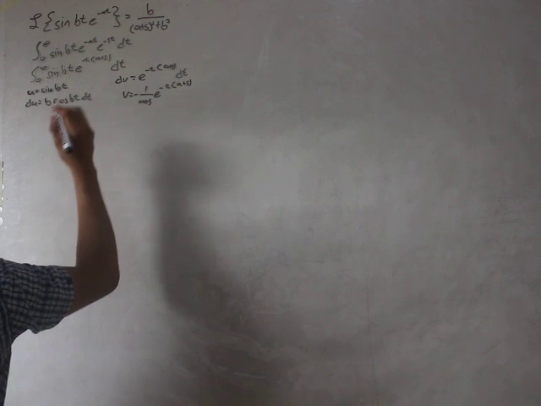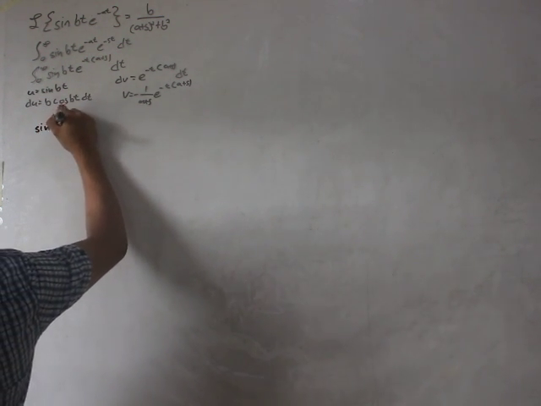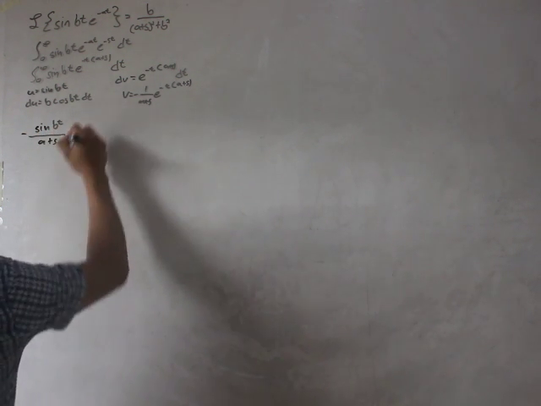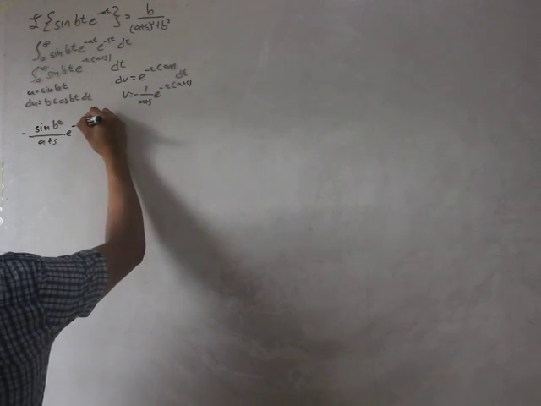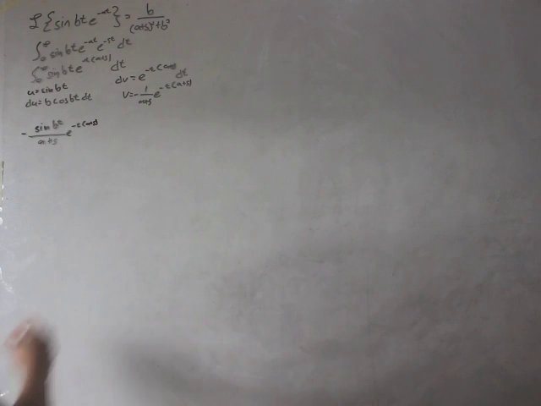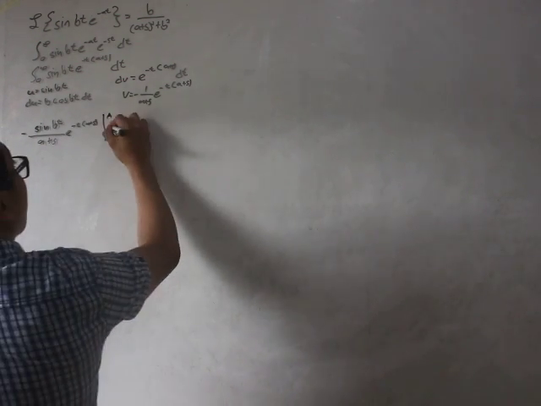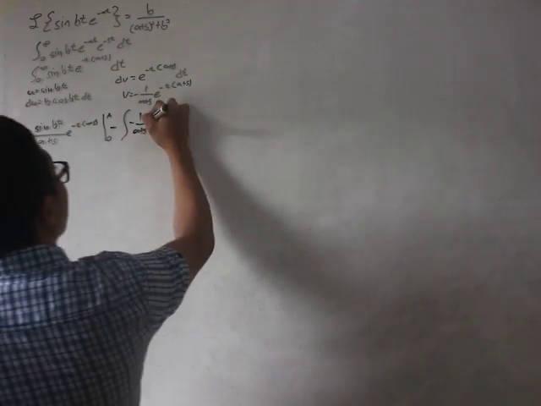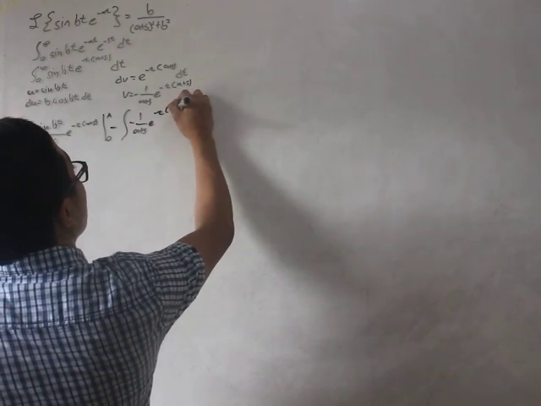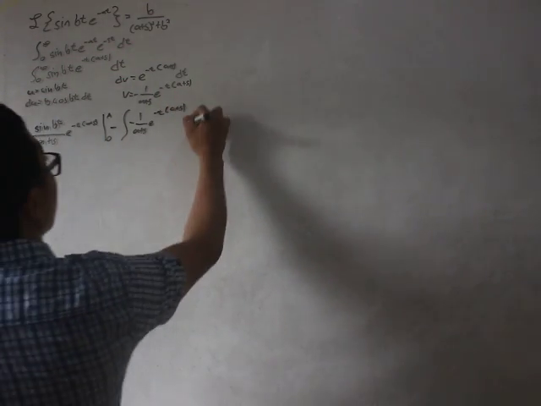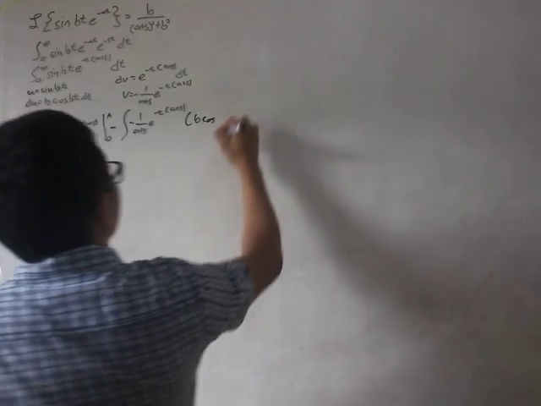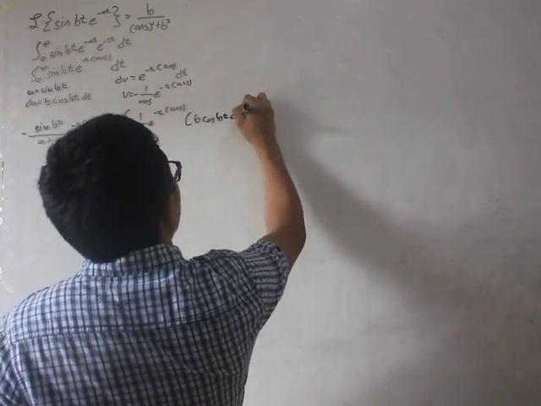And then we substitute it. So our u is sin bt times v, negative 1 over (a plus s) times e raised to negative t(a plus s), from limits 0 to a very large number, minus the integral of negative 1 over (a plus s) times e raised to negative t(a plus s), and our du is b cosine bt dt.